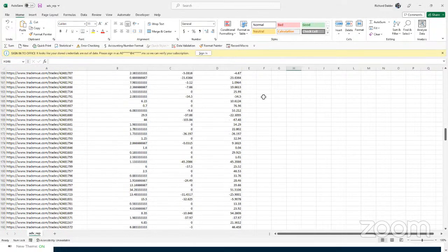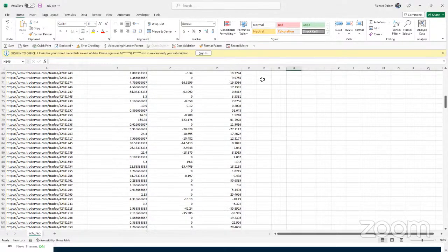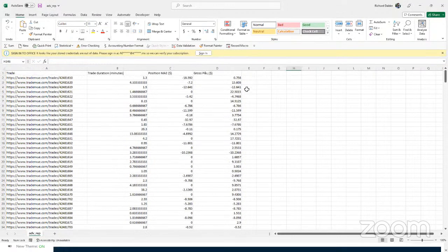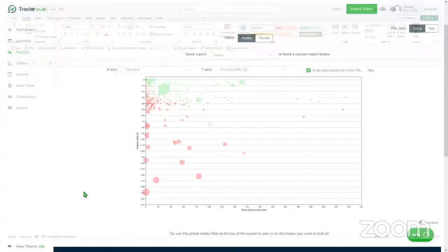That's when things get more complex, but very interesting for those traders that really like to dig deeper into their trading stats, essentially. So that's about it. Let's move to the other report.